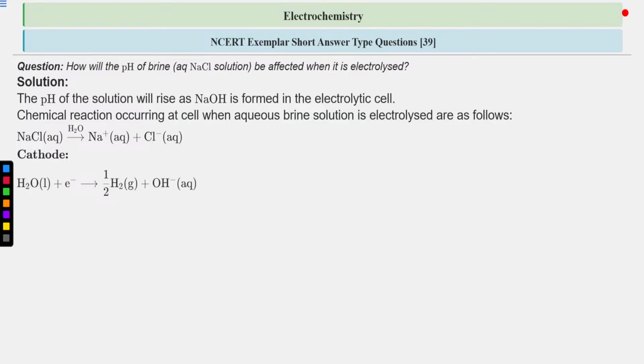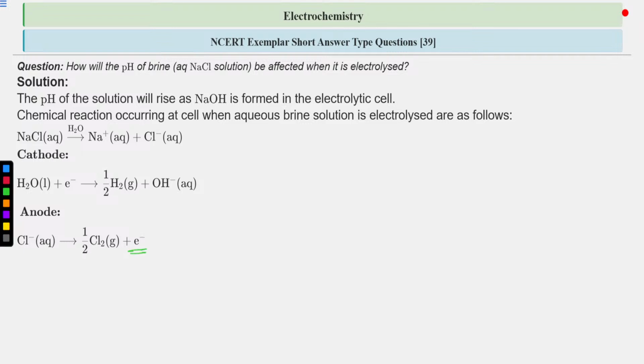One electron is added to the water molecule and it dissociates into the H2 molecule and hydroxyl ions. At the anode, the reaction happening is chloride ion oxidation, where chloride ions are oxidized to half of Cl2 plus an electron.